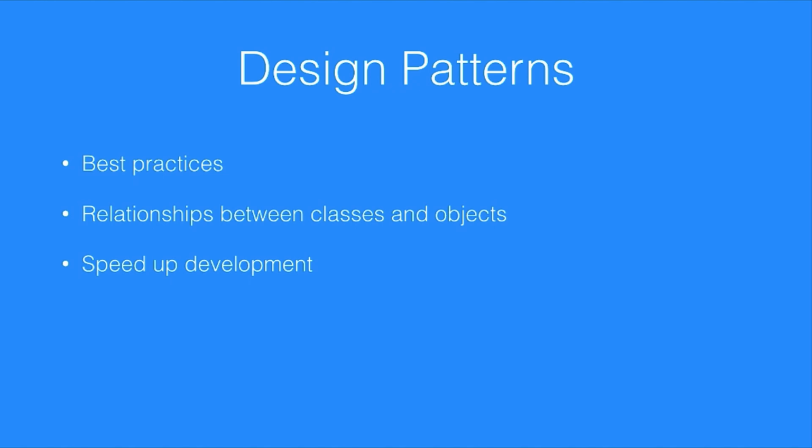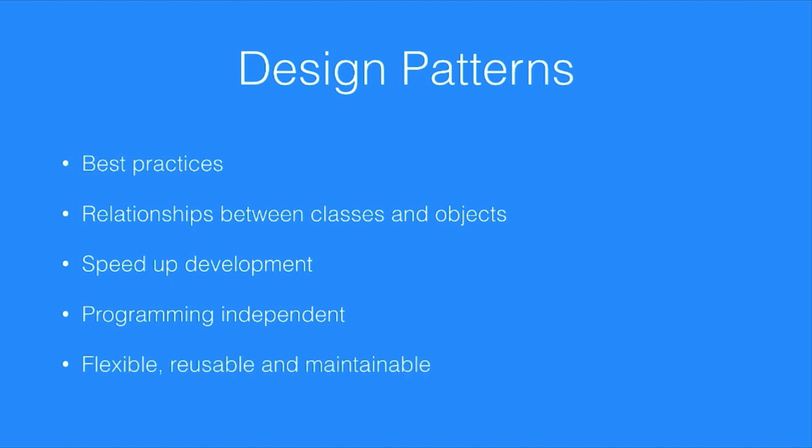One very important thing about design patterns is that they are programming independent, meaning that you can use a single pattern in any kind of language, any kind of framework. So it's not like one design pattern can be used with C# only, and one can be used with the Java language. They can be used with any language that you want. Design patterns are also flexible, reusable, and maintainable.